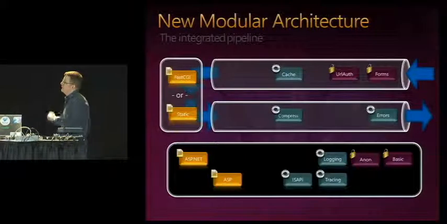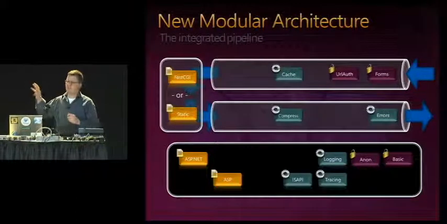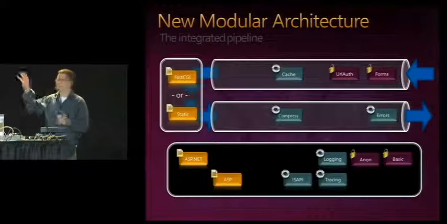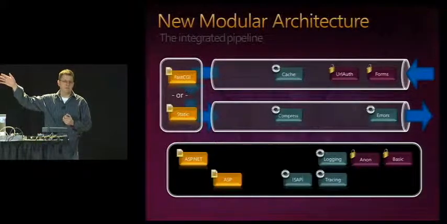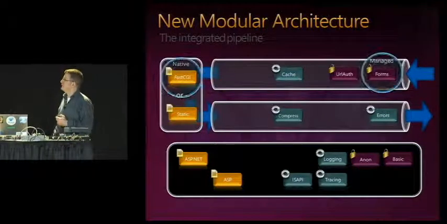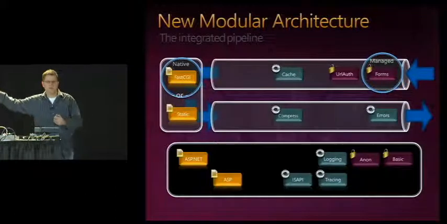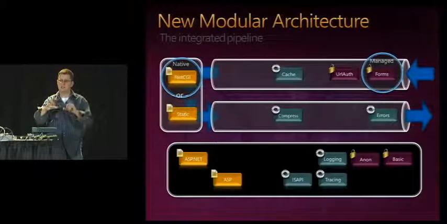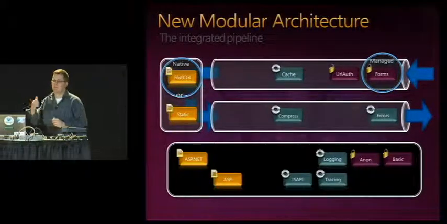Now, one of the interesting things about this is with this new modular architecture and this new thing we call the integrated pipeline, it allows you to use these managed modules along with what we call unmanaged code, okay? All of the things that are not written in .NET. So you can use features of the Windows platform such as forms authentication, which gives you an out-of-the-box authentication capability that's built into web pages, an out-of-the-box membership API that's pluggable.